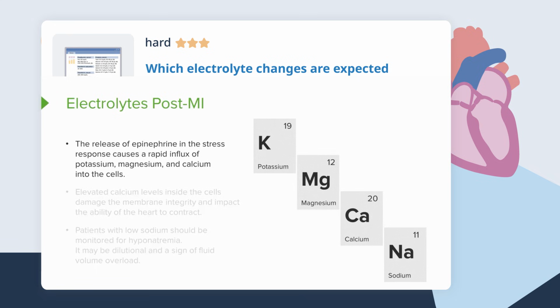There's a release of epinephrine in that stress response, and it causes a rapid influx of these electrolytes out of the bloodstream and into the cells. So you're thinking after an MI, got epinephrine, the catecholamine, it's going to cause the response where these rapidly move out of the bloodstream and into the cell. Now, when they go into the cell, if I drew lab work, these levels will be lower. We're talking about things like potassium, magnesium, and calcium.